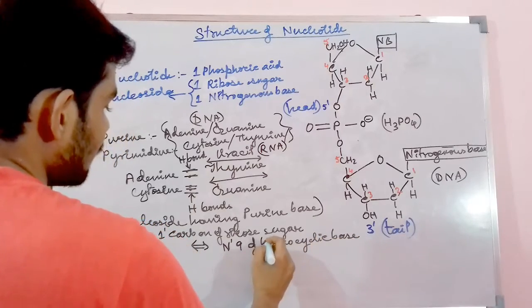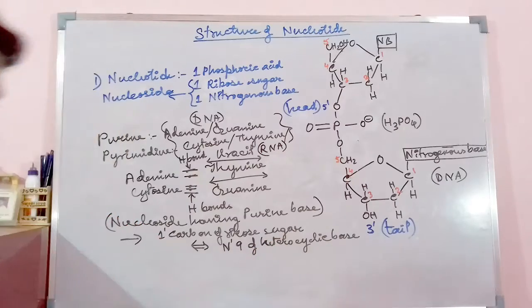Heterocyclic base means the nitrogenous base. So the first carbon is joined with the nitrogen that is present in the ninth position of the nitrogenous base. This is what it is.